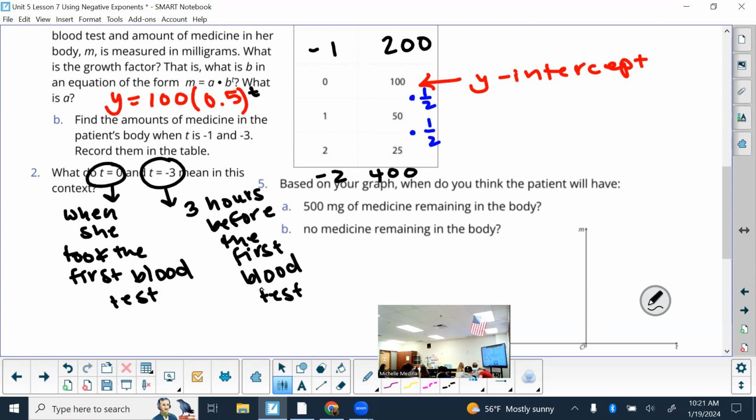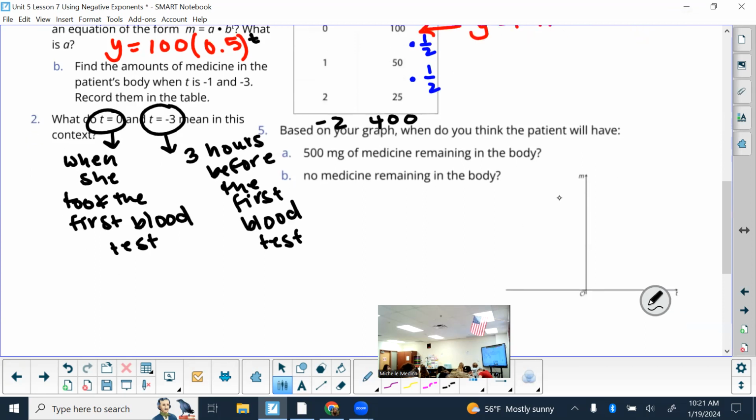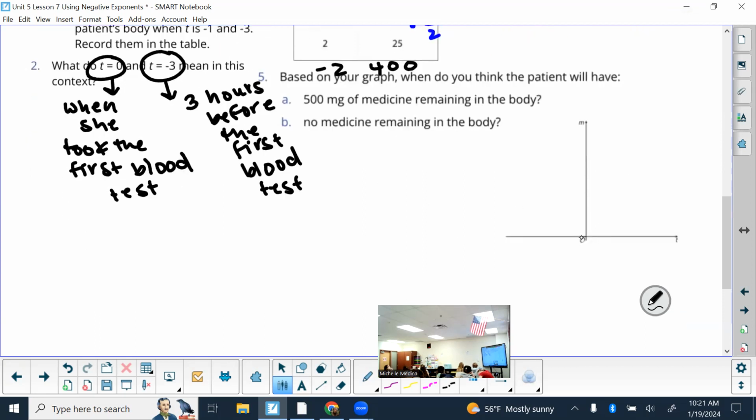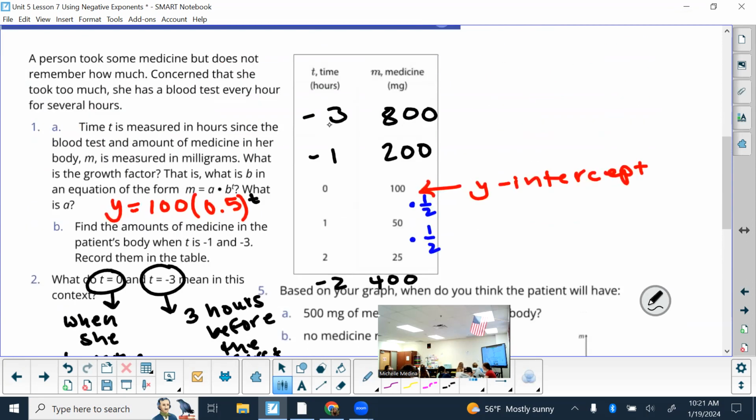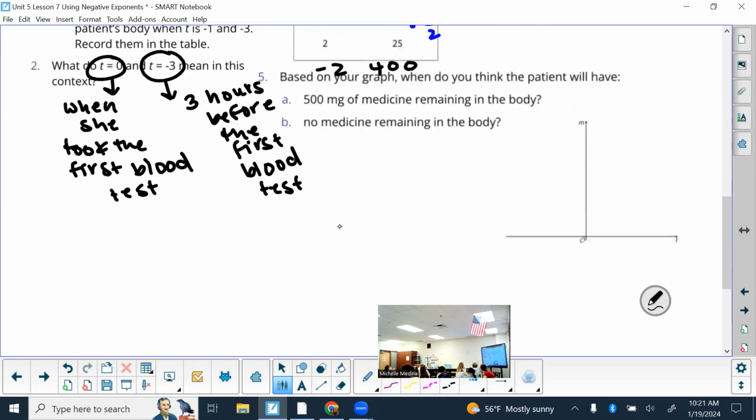Lastly, the graph you were supposed to sketch. So now that we've confirmed all the right X's and Y's, this isn't labeled, so you would have to decide how to label it. My X's go from -3 to +2, so I could just count by ones down here.